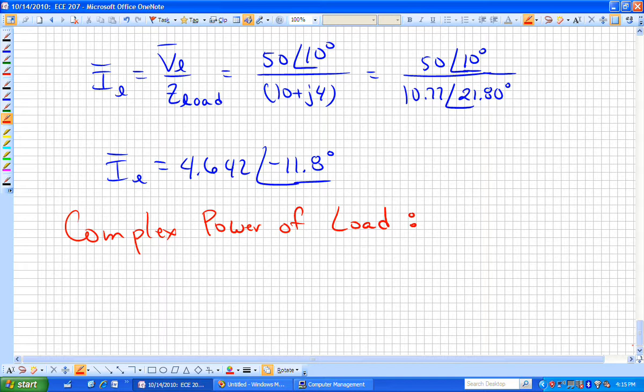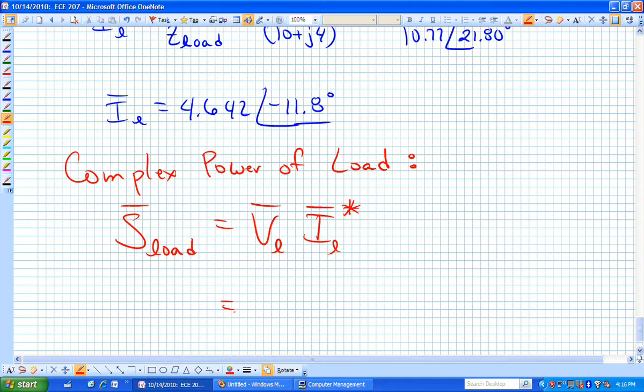If you know the voltage and you know the current of whatever it is that you're trying to find the complex power for, you take the voltage phasor and the complex conjugate of the current phasor. It's VI star. That's your complex power by definition.